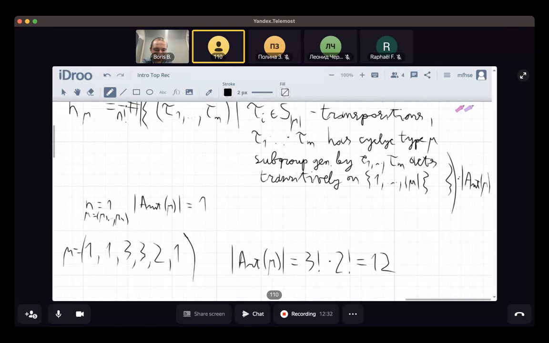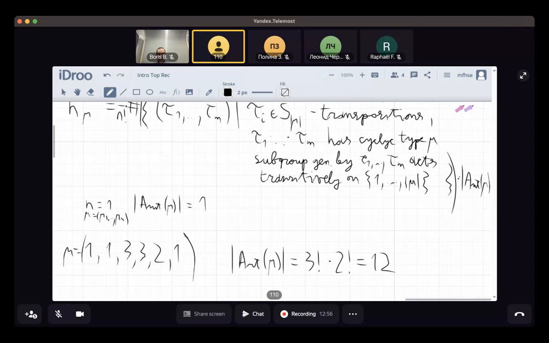Suppose you have an ordered list of numbers, mu_1 and so on up to mu_n. Suppose you have a bijection on those n positions.